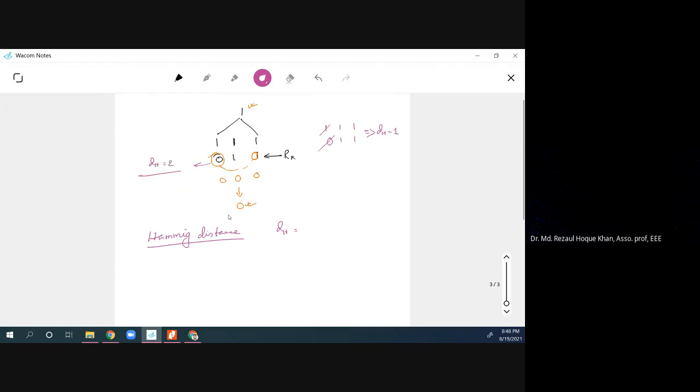This is how we calculate it. The Hamming distance dh is nothing but the number of dissimilar bits, like error bits.